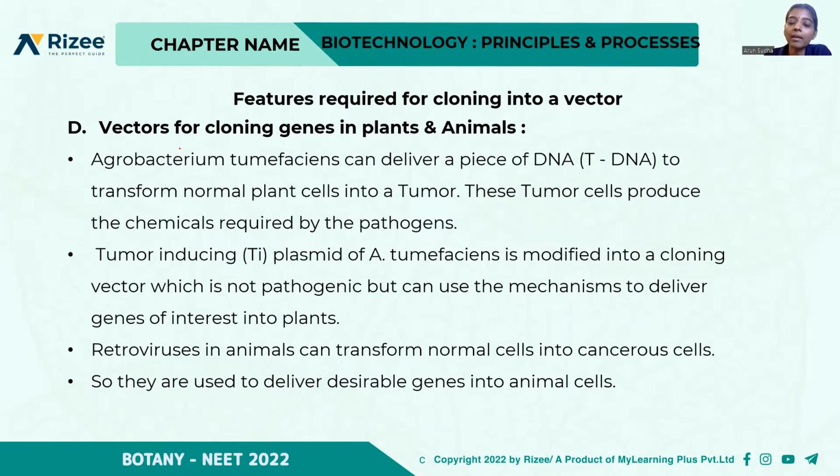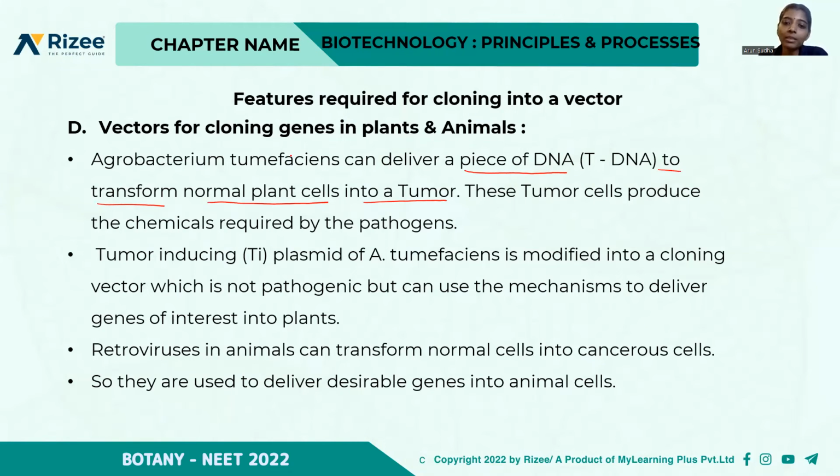Okay, so here the Agrobacterium tumefaciens can deliver a piece of DNA to normal plant cells, right, into a tumor. So this Agrobacterium tumefaciens actually has the capability of converting or transforming the normal plant cell into tumor cells.